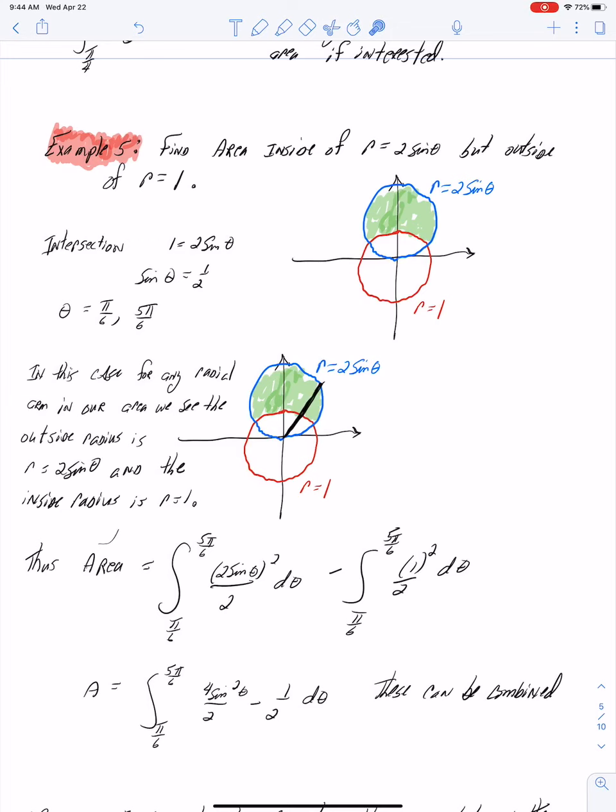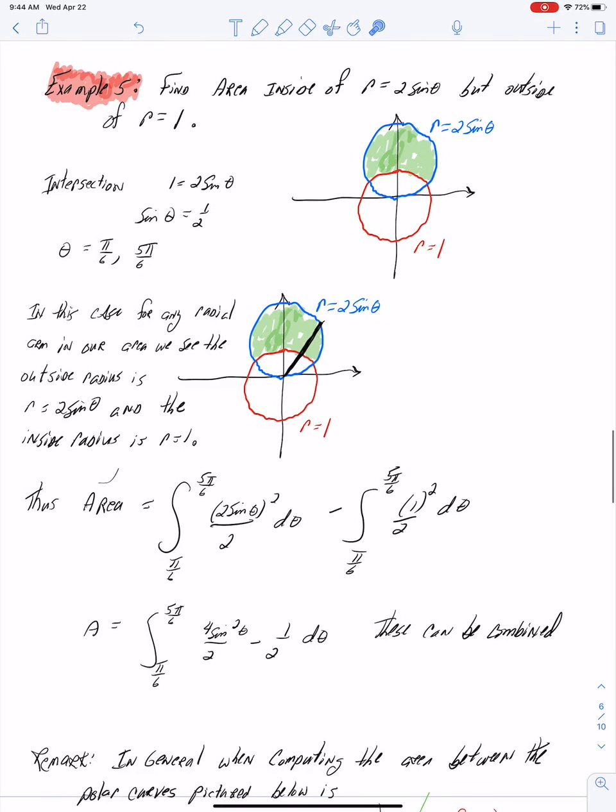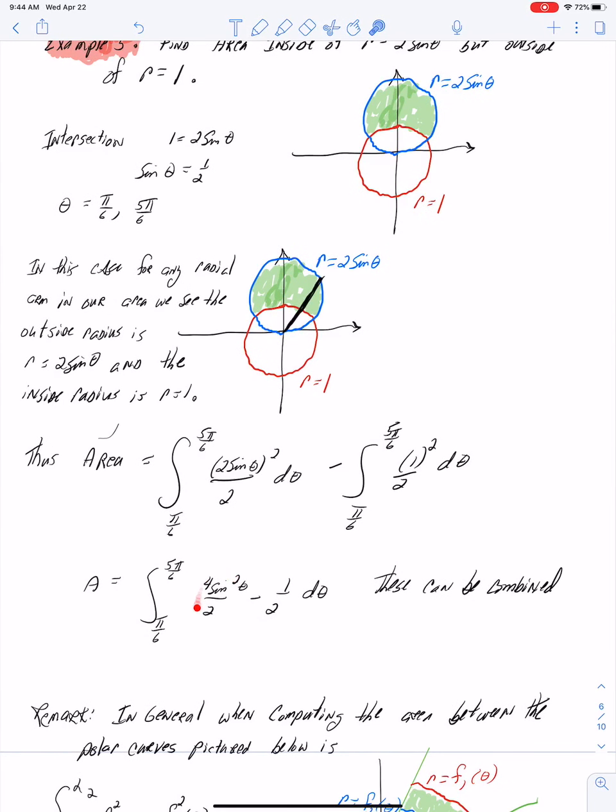And the inside part is r is equal to 1, so I stick in r squared over 2, recall, 1 squared over 2 d theta, pi over 6 to 5 pi over 6. So I take this outside area, subtract the inside area. Notice my limits of integration happen to be the same, so I could combine it into one integral if I want, and just have this piece subtract this piece.